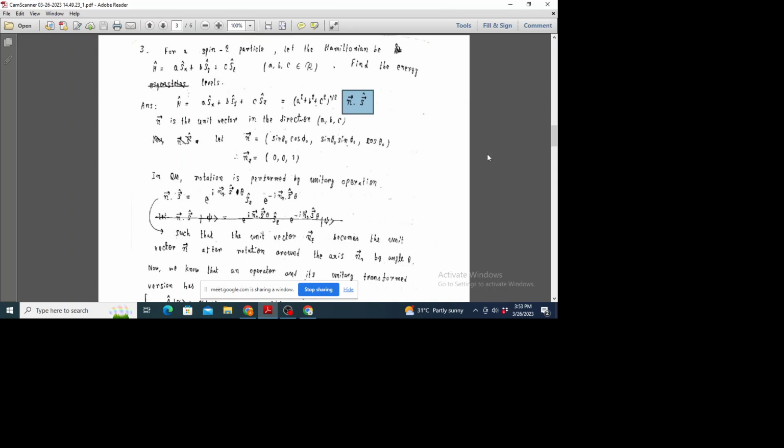And how to implement that rotation, as we have just discussed: you have to act with the unitary operators like U, SZ, U dagger, and that will rotate your SZ to this new operator n vector dot S cap.